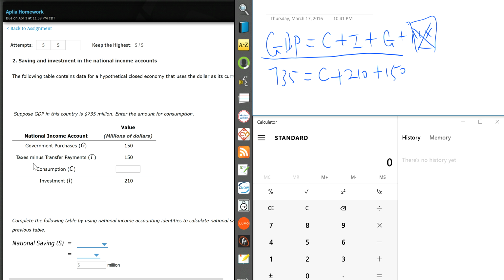Now this tax minus transfer payment, we're going to ignore that for now. So we're going to solve for C. Just use your 735 minus the 210 and then minus your 150. So your consumption is going to end up as 375.